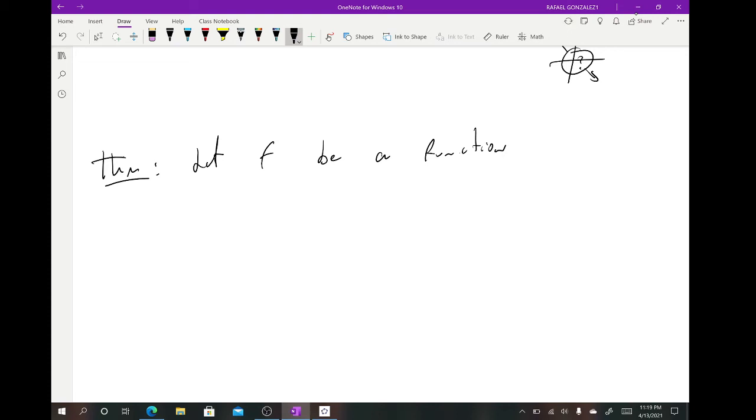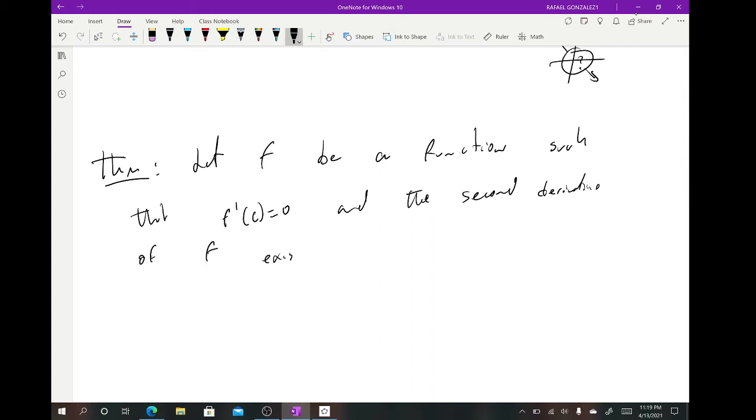But anyway, let f be a function such that f prime of c, the first derivative, is equal to 0, and the second derivative of f exists on an open interval I containing c.